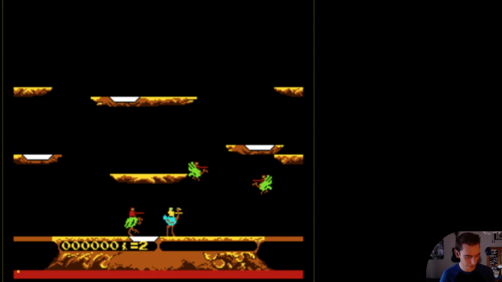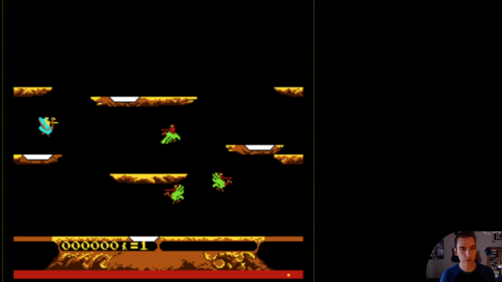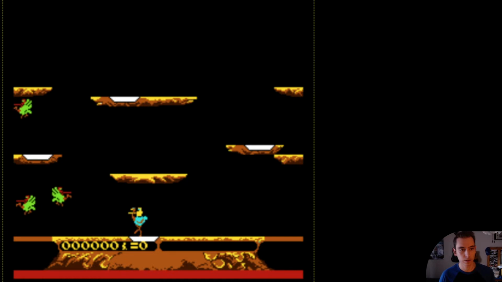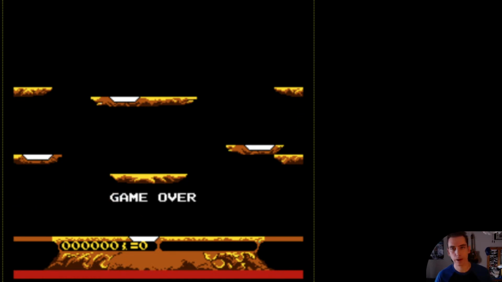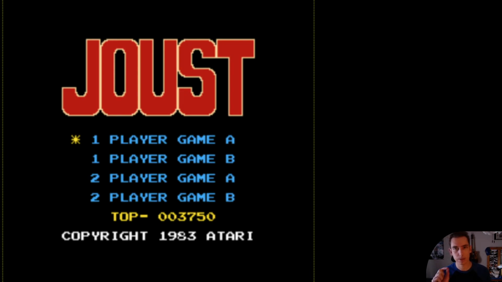But the question I have is whether or not tapping, so I'm going to tap the direction I'm facing as the ostrich as little as possible to try to get that really slow walking animation.